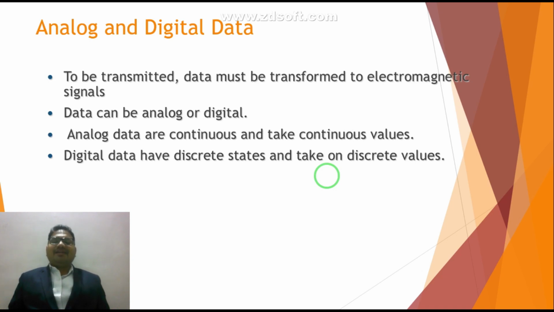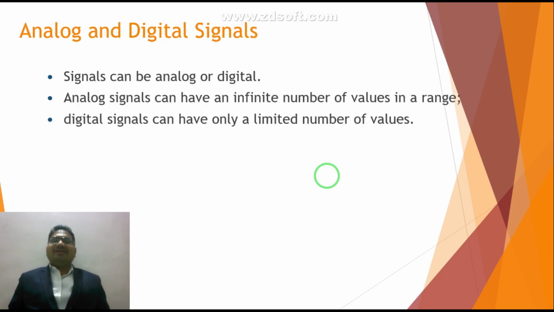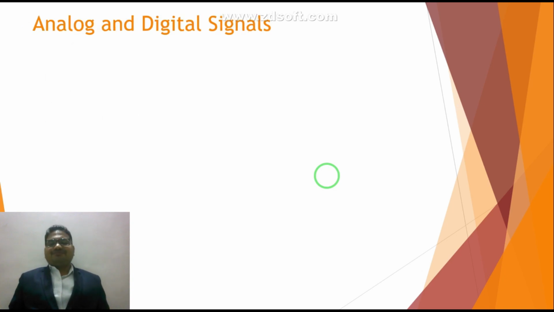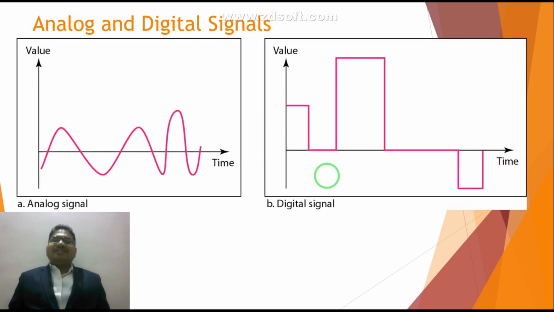Digital data has a discrete state and takes on discrete values at a particular instant. Similarly, signals can also be analog or digital. Analog signals can have an infinite number of values in a range, and digital signals can have only a limited number of values.